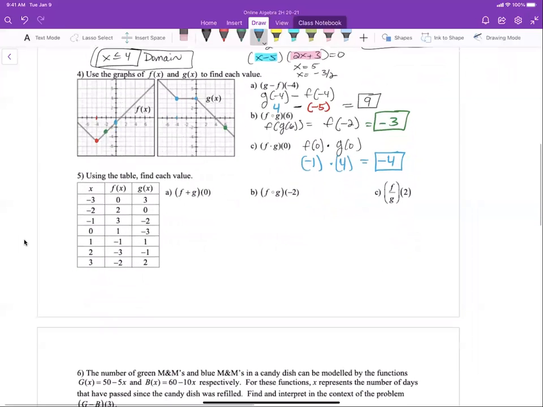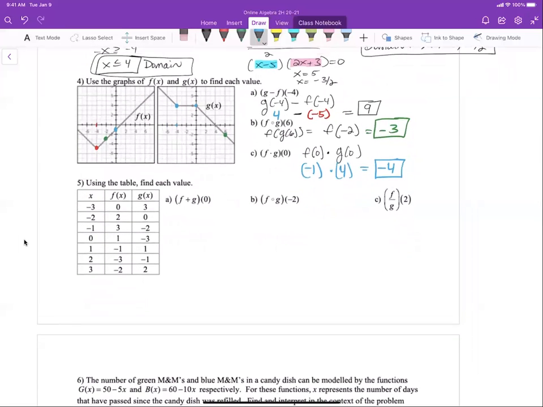Okay. Now in 5, we're doing the exact same thing, except we're using a table of values. So this is written as f of 0 plus g of 0. So I've got to go find what the output of f of 0 is.